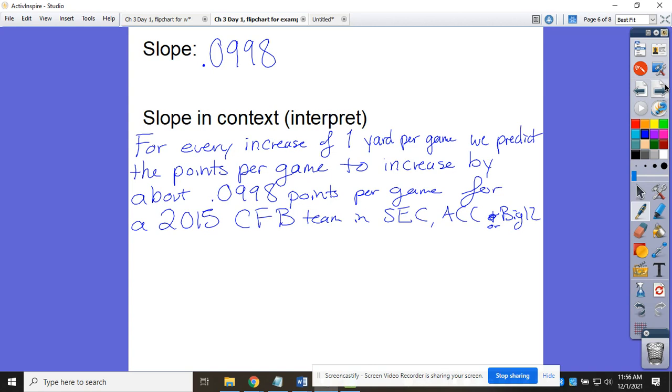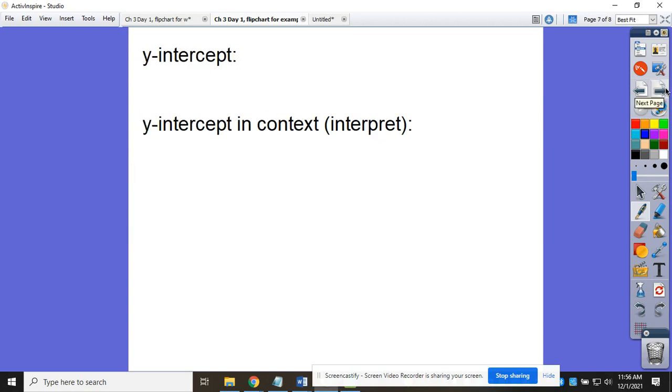And then our last one, which is interpreting our y-intercept. If a team... usually we're going to write something off to the side and not have to do this every single time. But for right now, I want you to get in the habit of this.